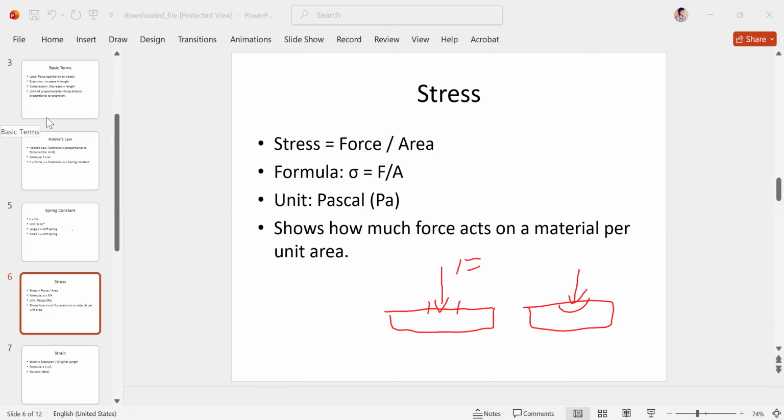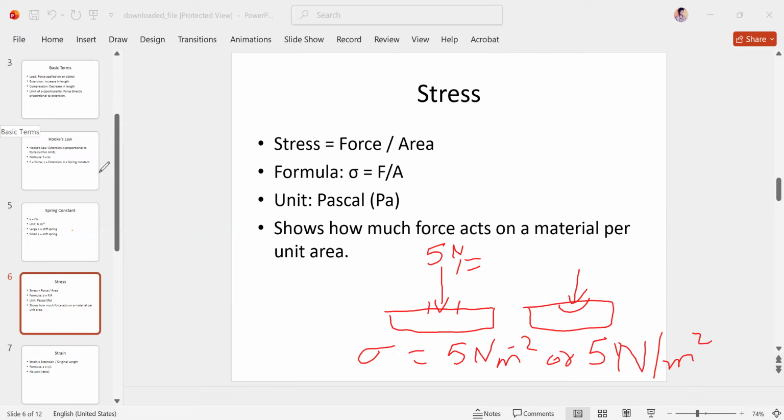Suppose we apply 5 Newton force and it moves down, it means the stress sigma is 5 Newton per square meter.